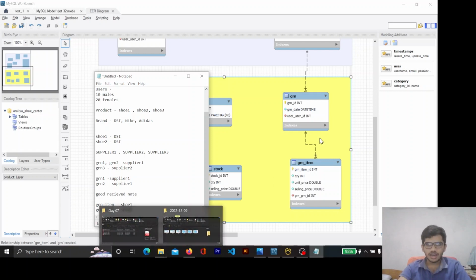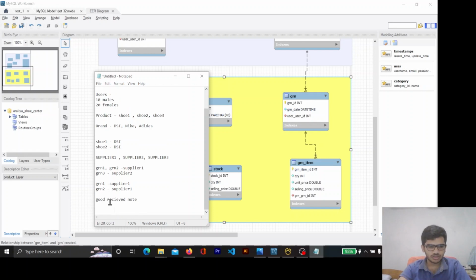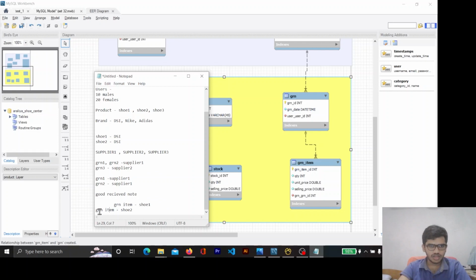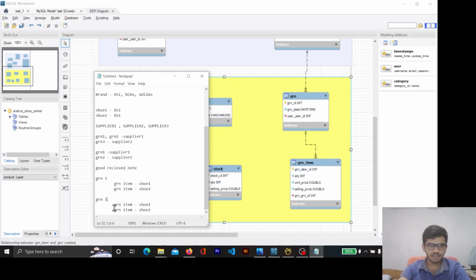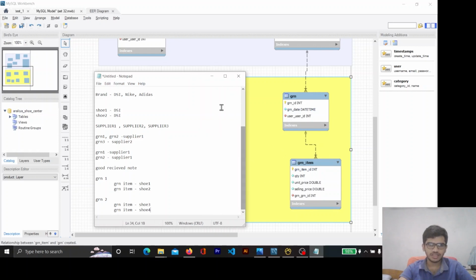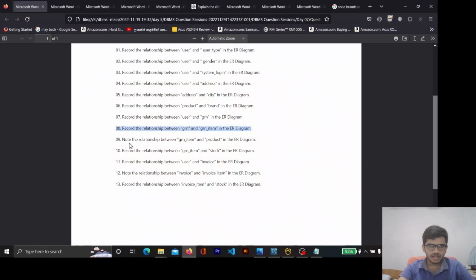And these are all included in the first good receive note, GRN1. So GRN2 could have shoe 3 and shoe 4. This is how you justify the relationship created between them. And yeah, that wraps up the 8th question.